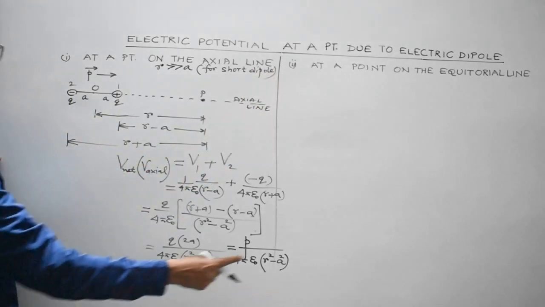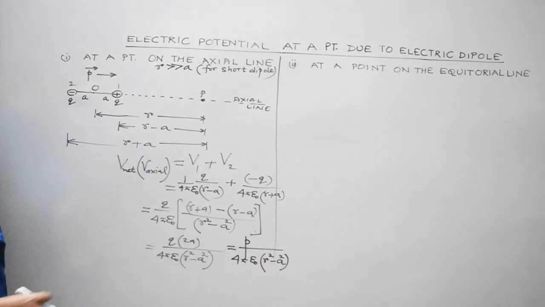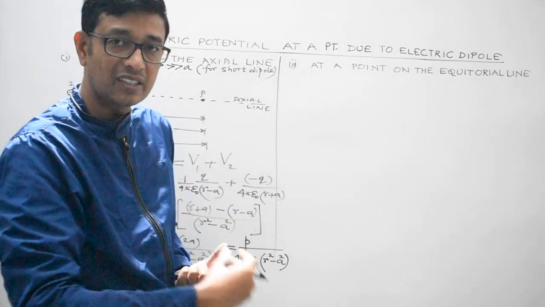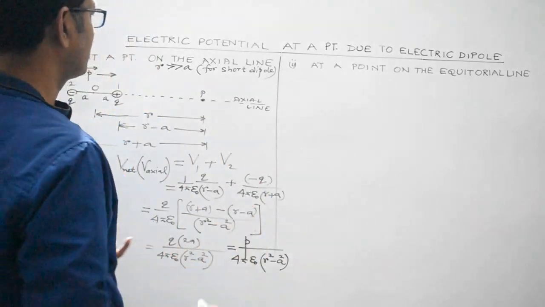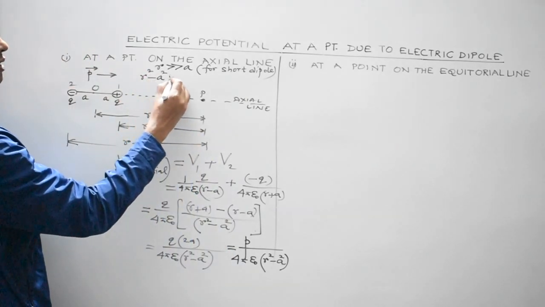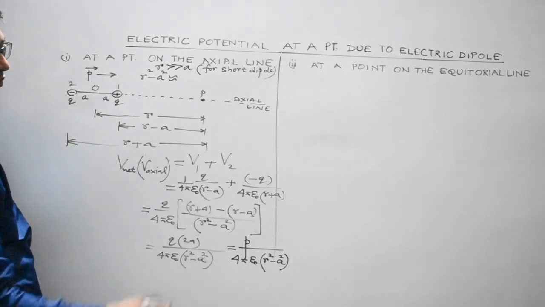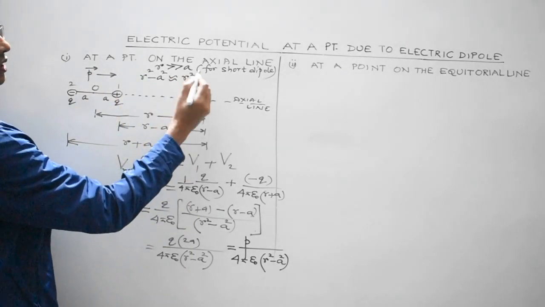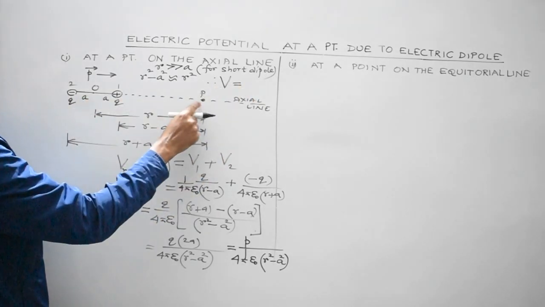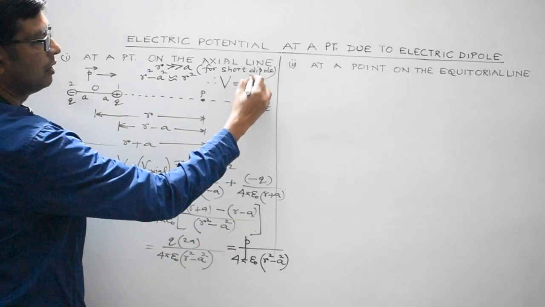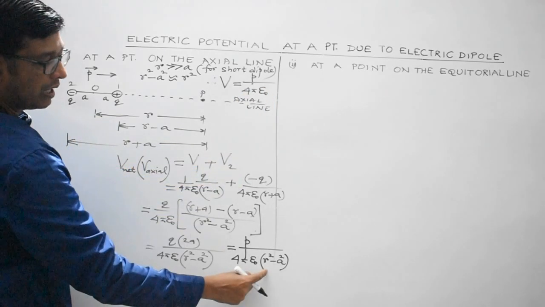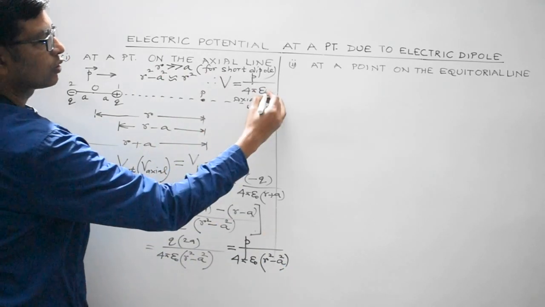In that case, a square can be neglected in comparison to r square. If a is very small, then the higher powers of a would be still smaller and hence can be neglected when compared to r square. So r square minus a square is approximately equivalent to r square. Therefore, the net potential for a short dipole at a point on the axis would be given by P over 4 pi epsilon r square.